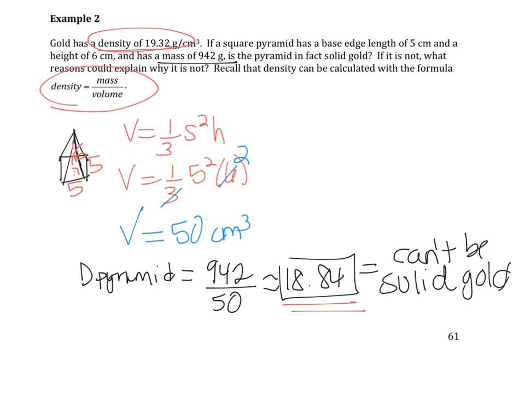And the reason why could be that part of the pyramid is hollow, and there is a mixture of metals that could make up the pyramid. So there's a couple different reasons as to why this may be. This concludes the lesson notes, so please complete the homework and have that ready for the next class.